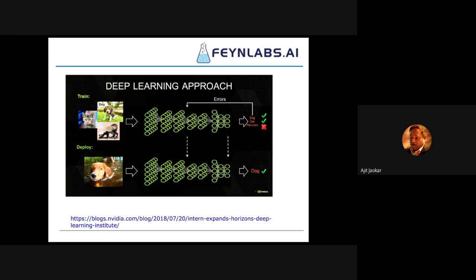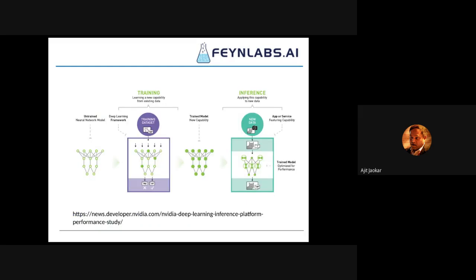You take a lot of images of something, and through this we effectively create a model that recognizes whether it's a cat or a dog or a raccoon or something like that. And when it's trained, you show it an image which it hasn't seen before. So this picture of the dog at the bottom left is not in the training images, and then you run it, and it identifies what it is, which is in this case a dog.